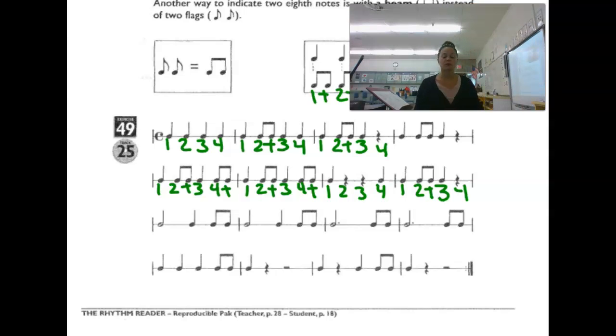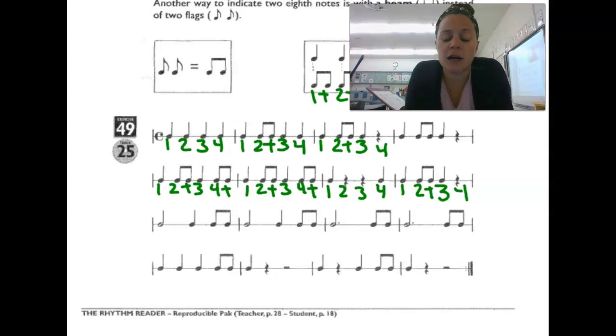Ready? 1, 2, 49, go. 1, 2, 3, 4. 1, 2, and 3, 4. 1, 2, and 3, 1, 2, and 3, second line. 1, 2, and 3, 4, and 1, 2, and 3, 4, and 1, 2, 3, 4. 1, 2, and 3, 4.